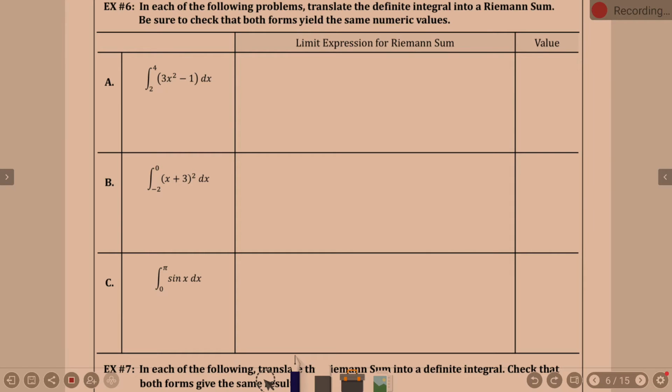So, okay, we have this integral here. What information can we gather from the integral? A is 2. B is 4. What's f of x? F of x is the function 3x squared minus 1.